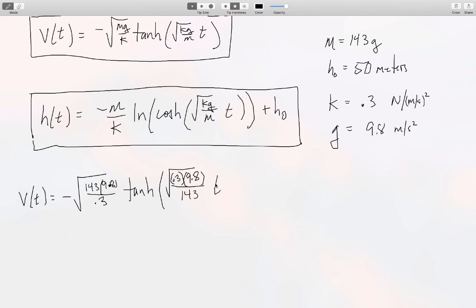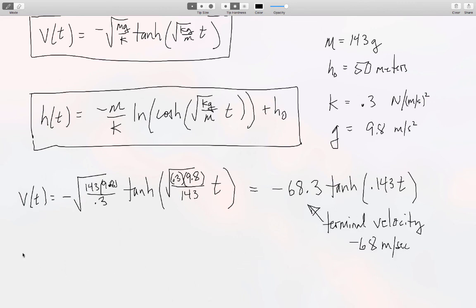And this is times t. So typing this in, it's about negative 68.3 tangent hyperbolic of about, let's say, 0.143 t. So this is negative 68 meters per second, the terminal velocity right there.